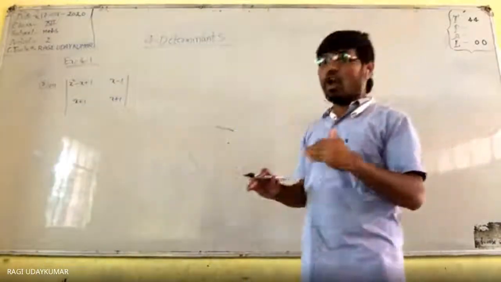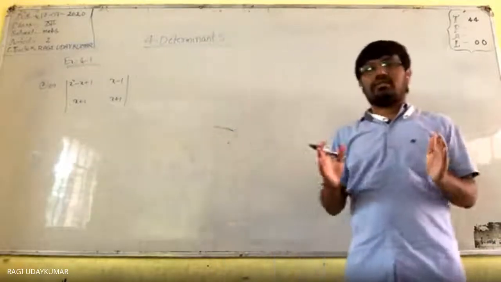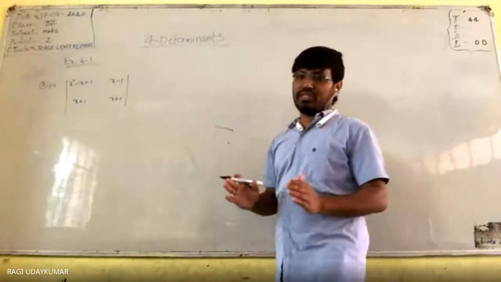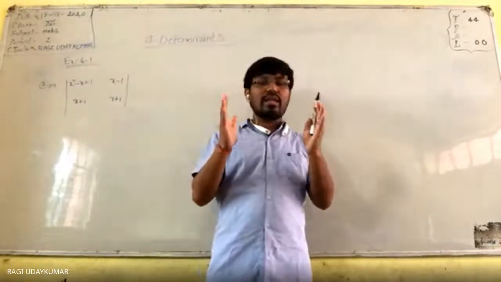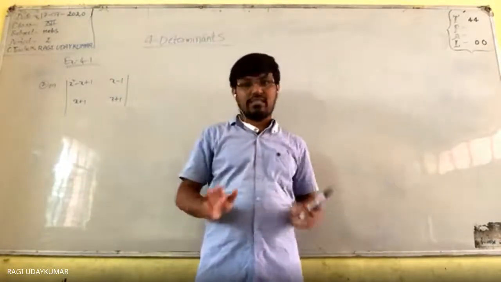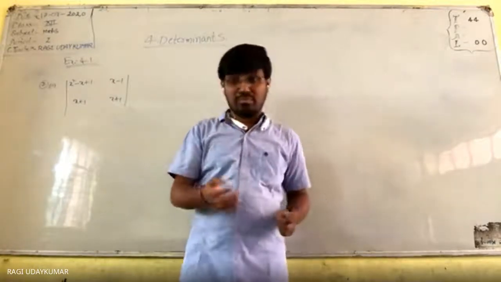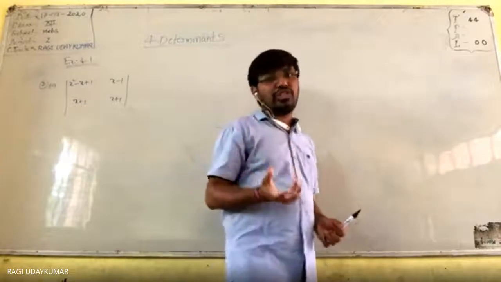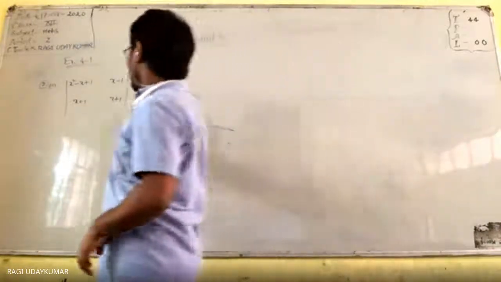Suppose it is given between the two lines, 4 numbers or 9 numbers, meaning a 2 by 2 matrix or 3 by 3 matrix. If it is given between the two lines, it means it is not a matrix. It is a determinant of the matrix. That means it may be a number. It represents one function. And here you are going to get one function. So what to do here?